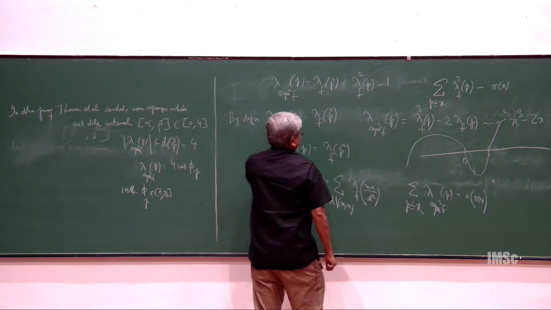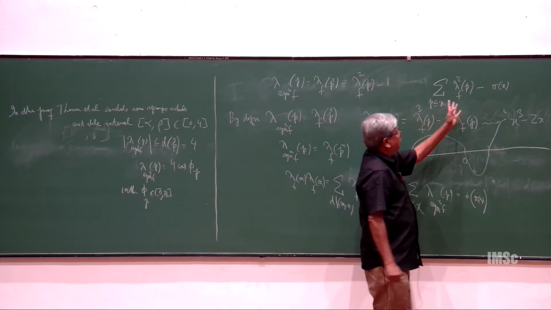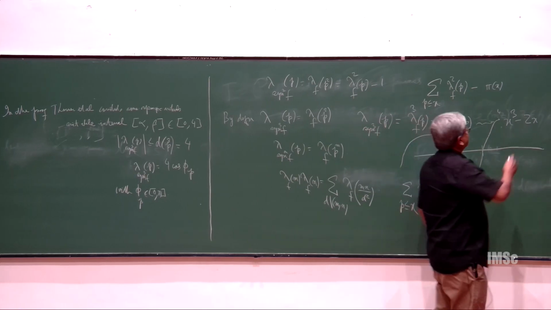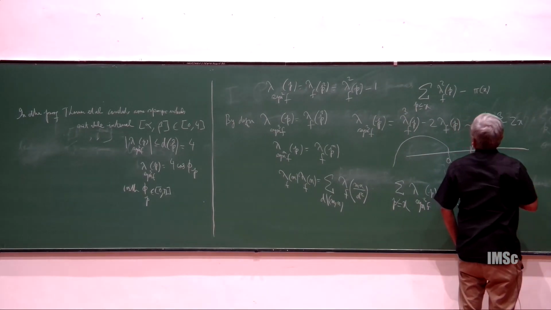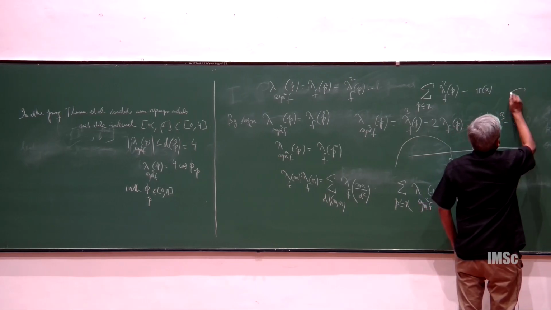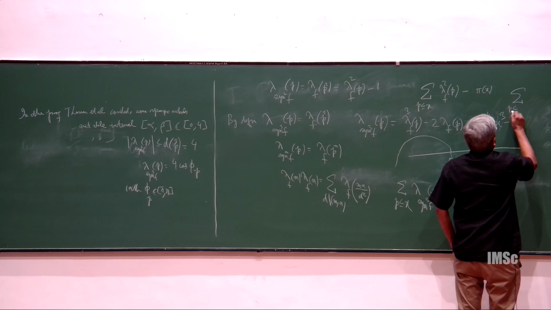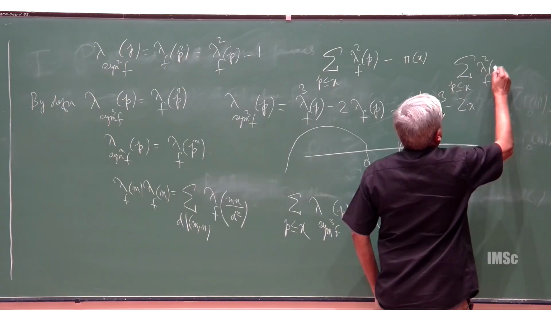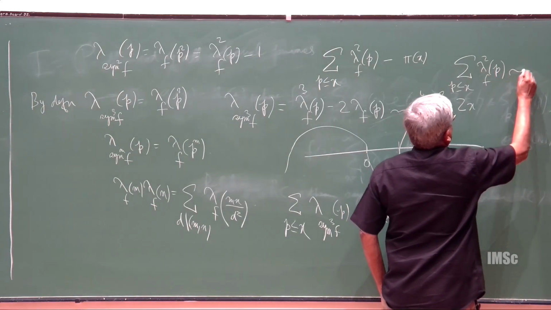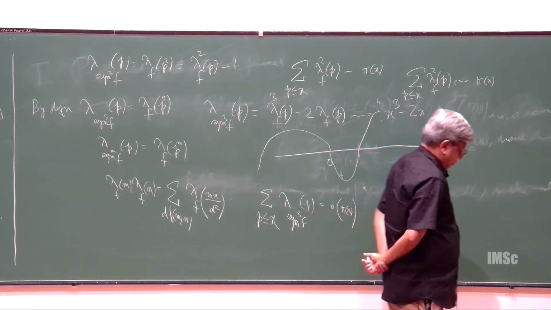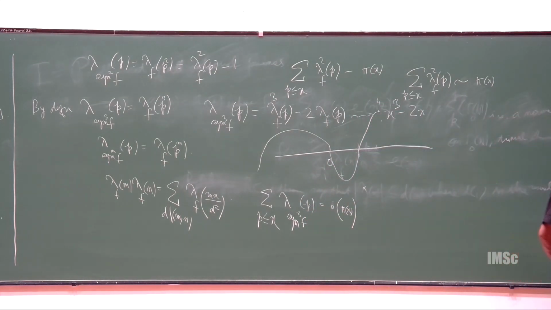So if I want this to be random, I should better have this as 0, but this works out because if you compute this limit, then you will get that the leading term there is... you can put 2 cos theta_p and compute.